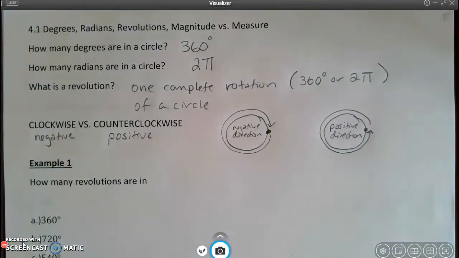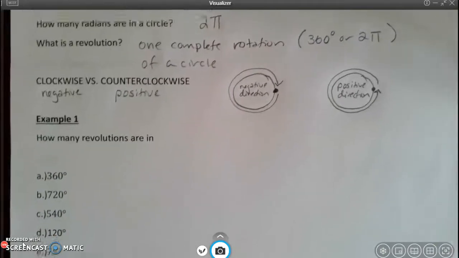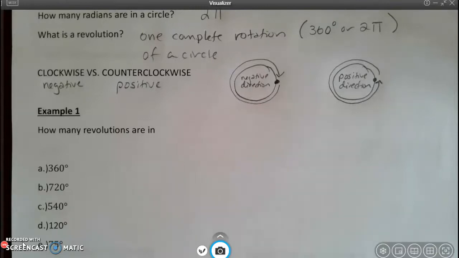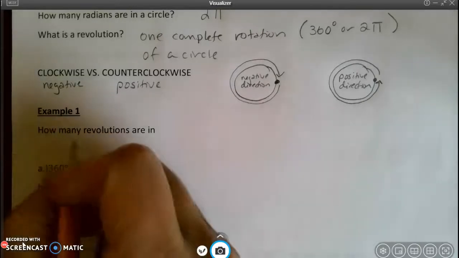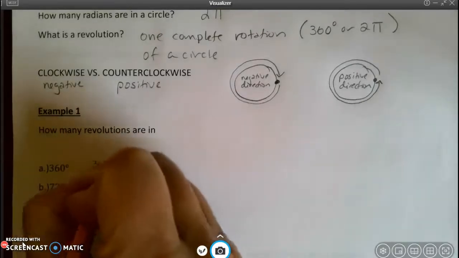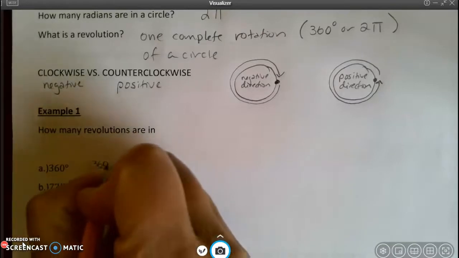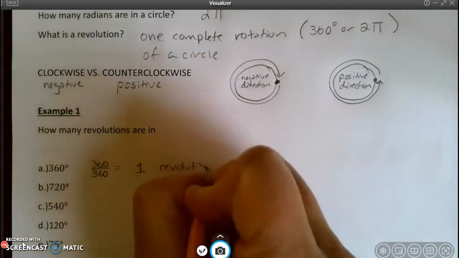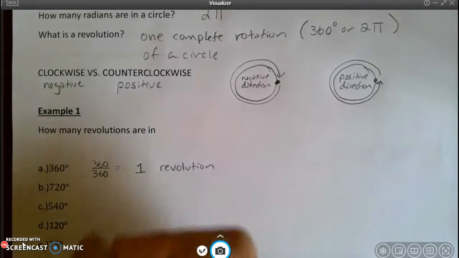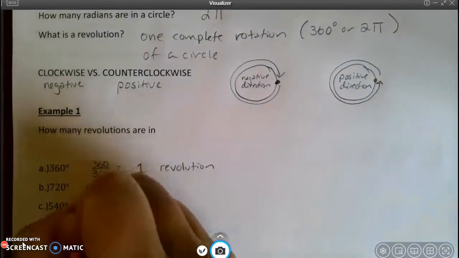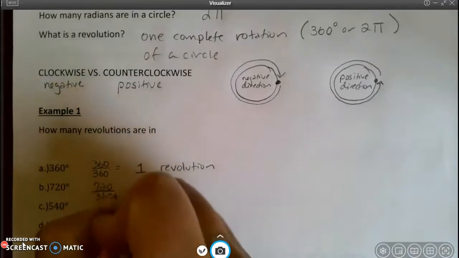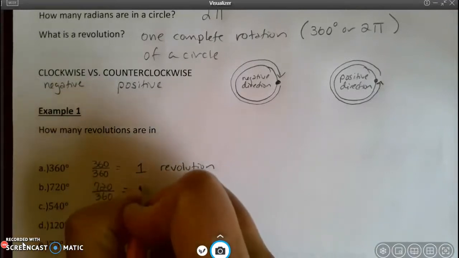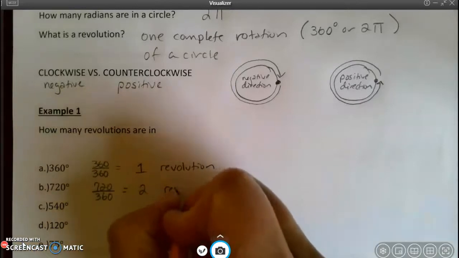So let's do a little practice with revolutions. How many revolutions are in 360 degrees? Well, since a revolution is 1 complete rotation, 360 degrees divided by 1 complete rotation, which is 360 degrees, is simply 1 revolution. 720 degrees divided by 1 complete revolution of 360 is going to give me 2 revolutions.